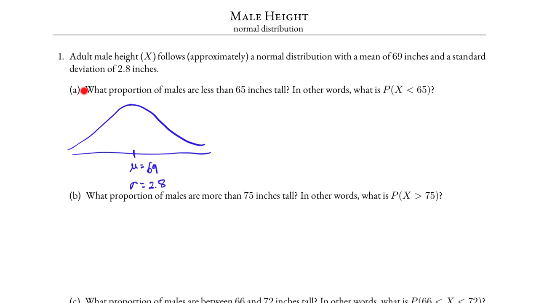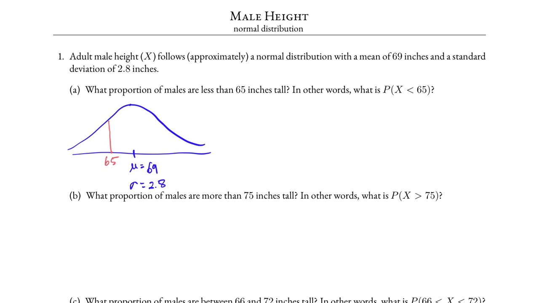In part A, the value x that we are interested in is 65, and so we would locate 65 on the horizontal axis in relation to the mean 69. 65 is less than 69, so we would locate it on the left of 69, anywhere on the left accordingly, and we label this as 65.